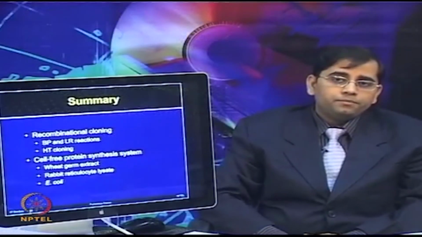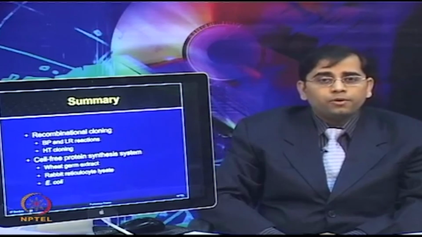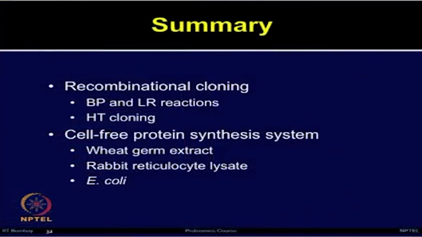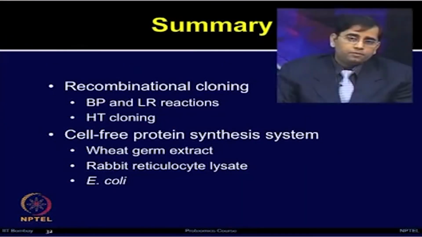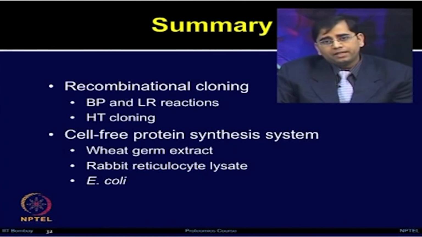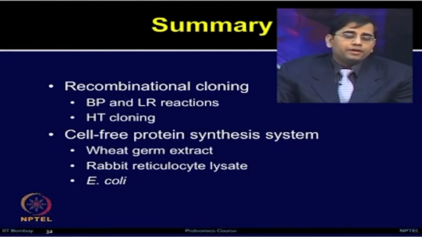So, in summary, today we talked about a few concepts which are required for protein microarray generation as well as for various high throughput applications in genomics and proteomics. The concept of protein microarrays has stirred a great deal of excitement in the proteomics community.